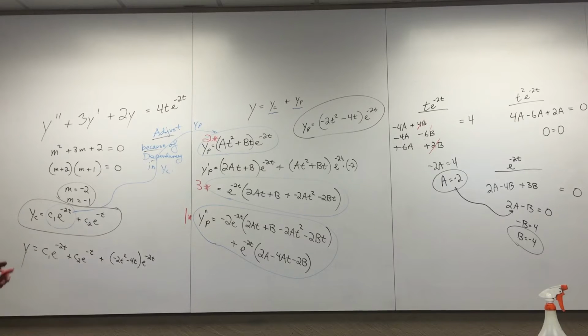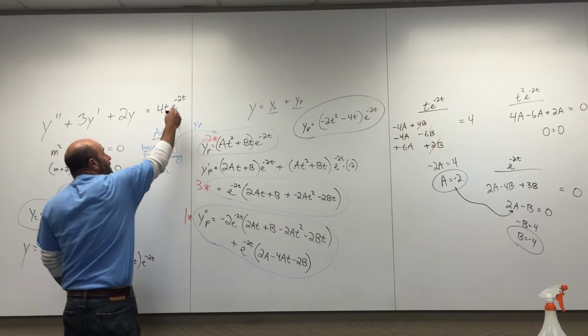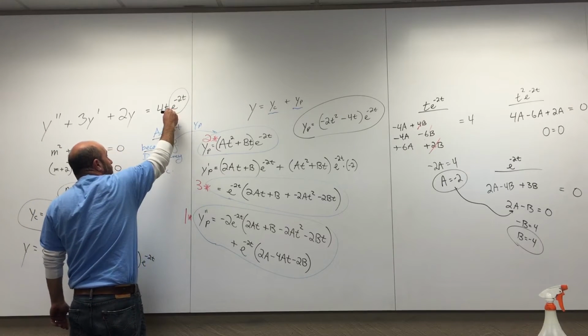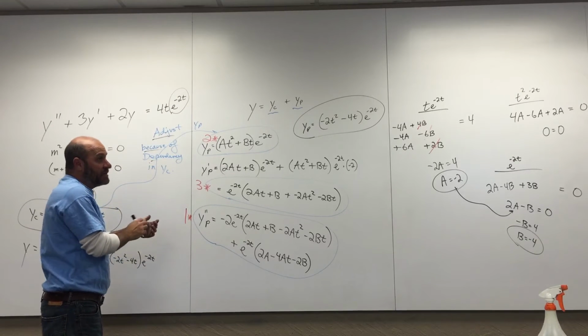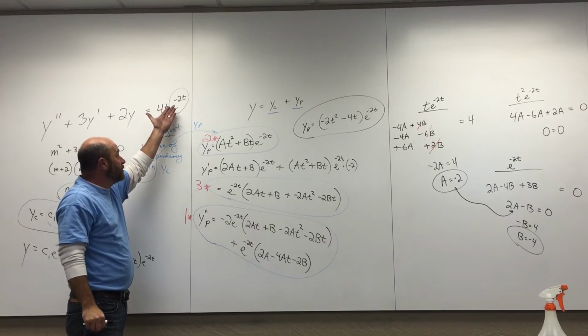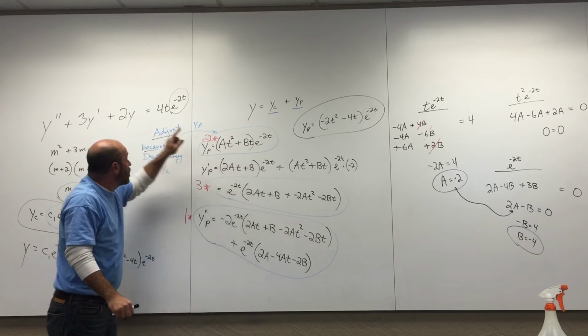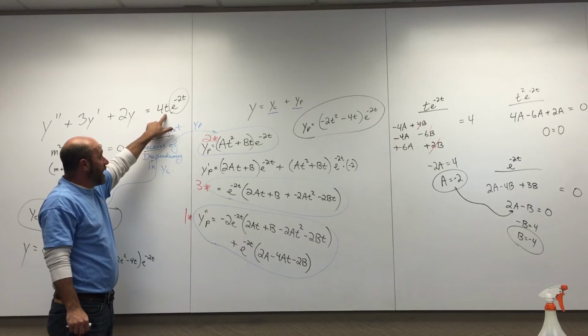Is it set that when we have an e function, the power that's with the e function on the right is the one we have to keep? Yes. So we're not generalizing this. The power on the e function is not getting generalized. So if it's an e to the negative 2t, it's an e to the negative 2t. The coefficient in front is being generalized.